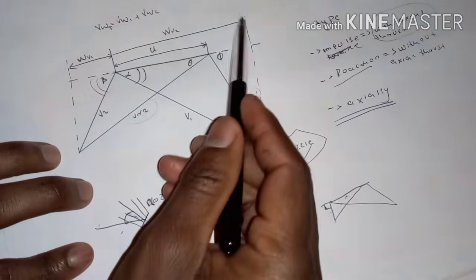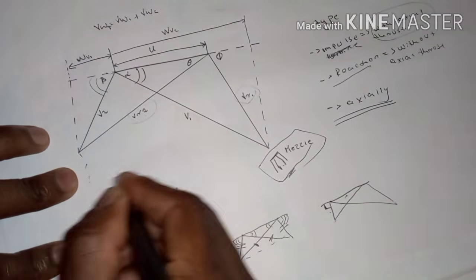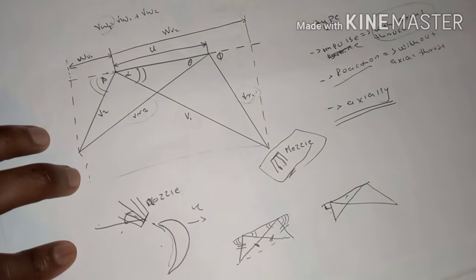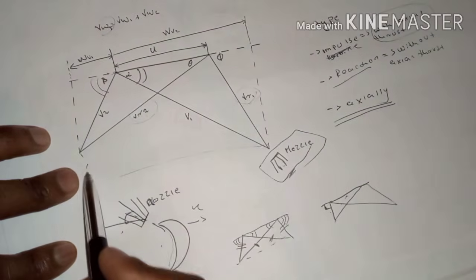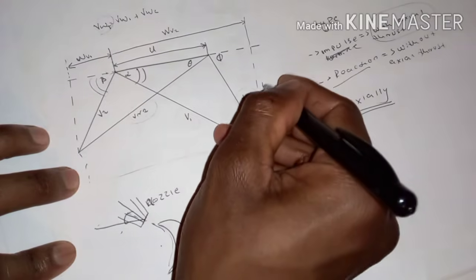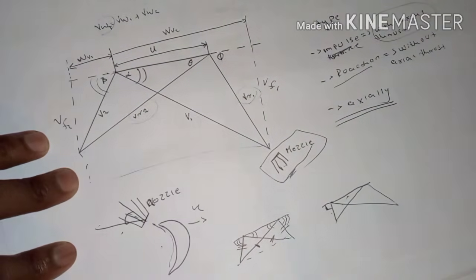From this leg to that leg, we are going to have the velocity of whirl, VWT, and then this component and that component, which will be the velocity of flow 1 and the velocity of flow 2.